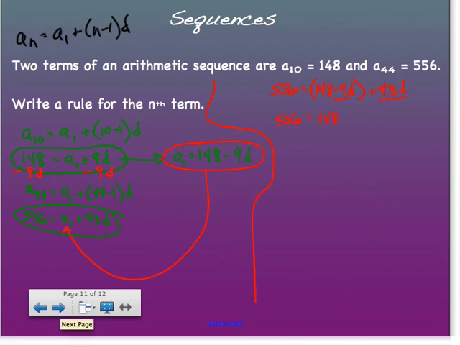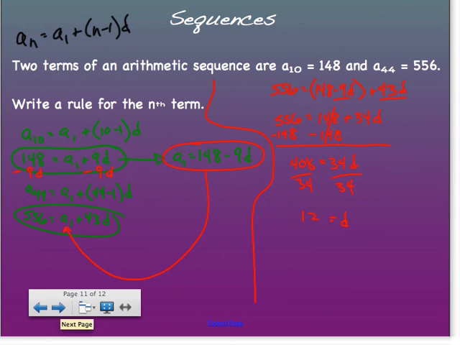So I get 148 plus 34d. Subtract 148 from both sides, and that goes away. Now I get 408 equals 34d. Divide by 34 on both sides. I think I get a common difference of 12.